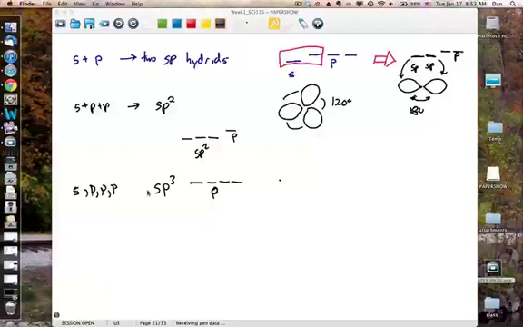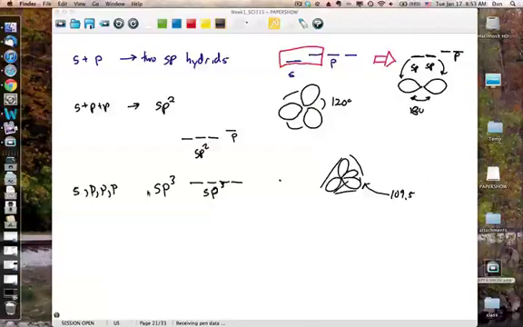So you can do the same thing with the s and the p's to generate the sp3 hybrids, which would generate four equal orbitals that jut off into space at 109.5 degrees to generate a tetrahedron. So these shapes are starting to mimic the shapes of the structures that we've already seen. And it works backwards and forwards.